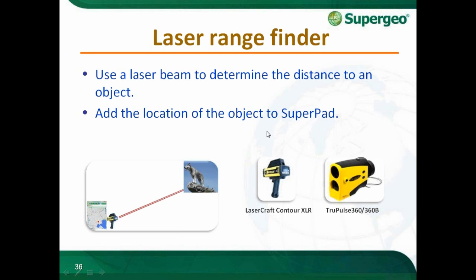We support two laser guns, including the Laser Craft Contour and the TruPulse. So you can use these two tools to help you locate targets that are out of your reach.